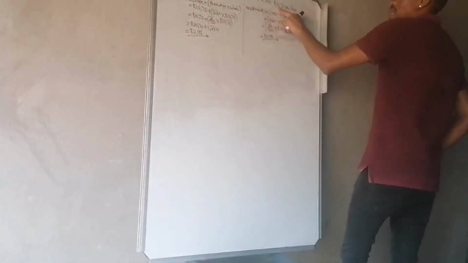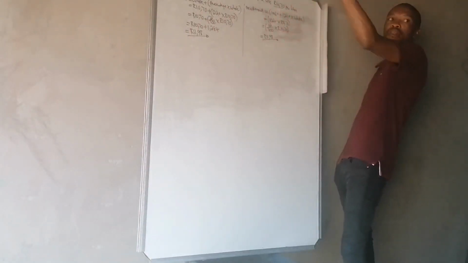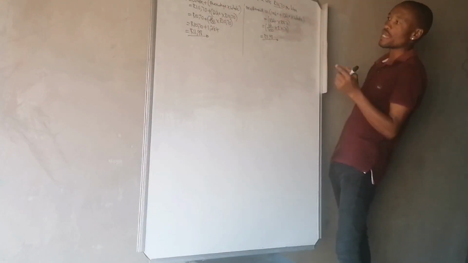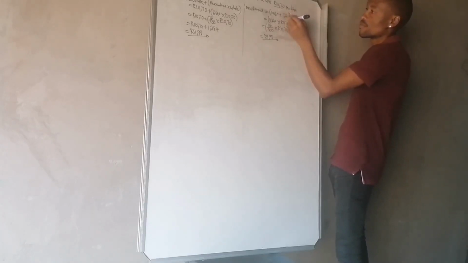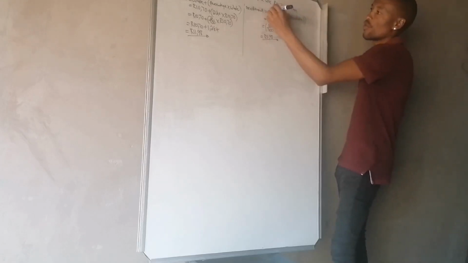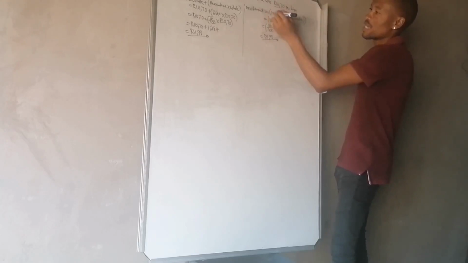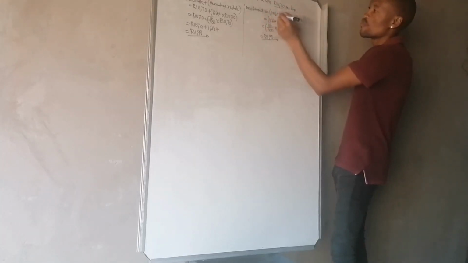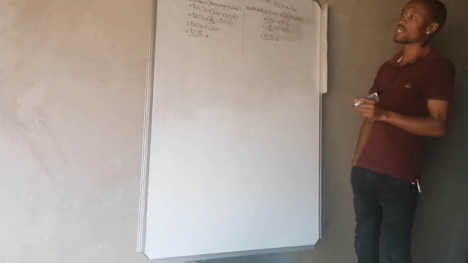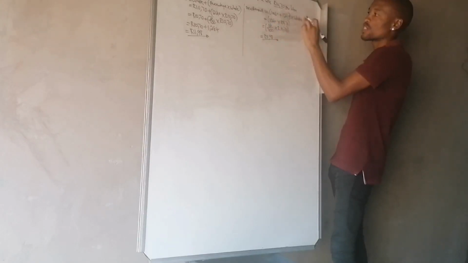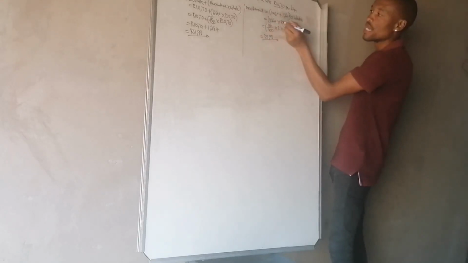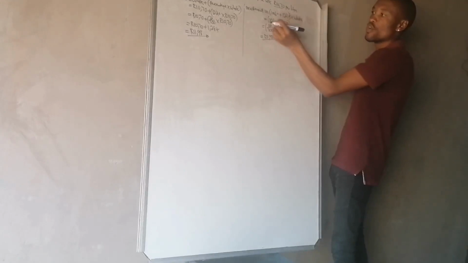For the new amount, the percentage of the original price, 10 rand 70, is 100%, plus 12%. So it is 100% plus 12%, and the value we get in the bracket, we multiply by the whole. 100% plus 12 gives 112.